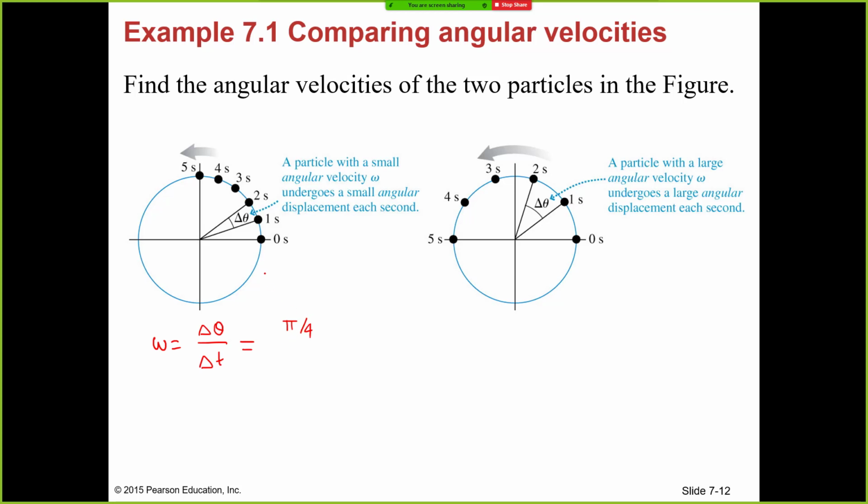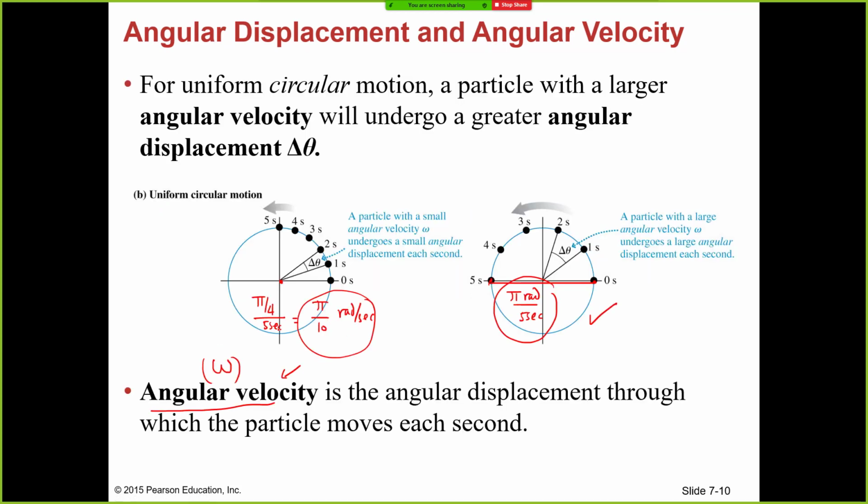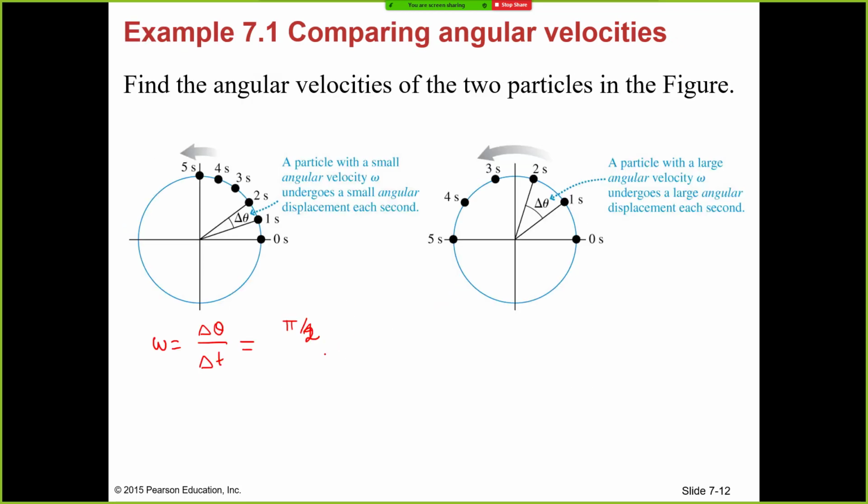This whole thing is 2 pi, half is pi, that means pi over 2. Sorry, 90 degrees is pi over 2. My mistake. So on the previous one, that should be pi over 2. Okay, 90 degrees is pi over 2. Yeah, so pi over 10. So pi over 2 over time is 5 seconds. So that's pi over 10.